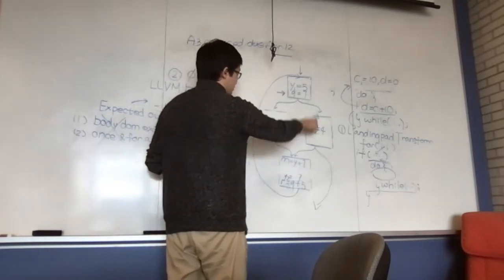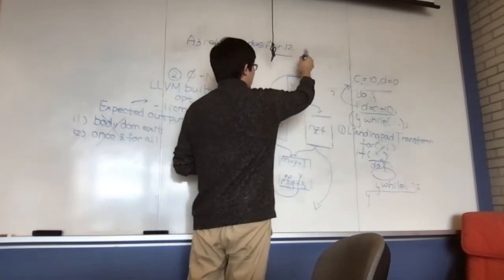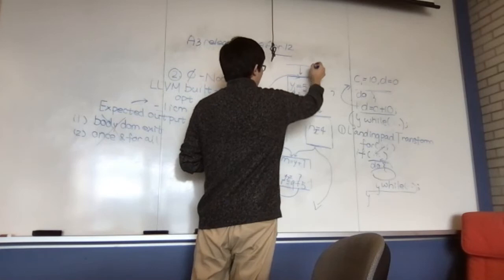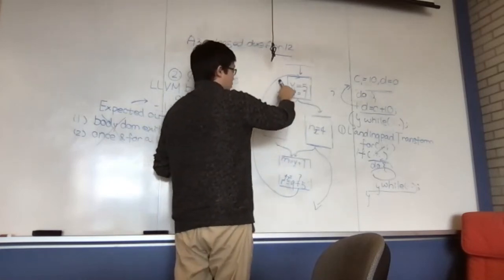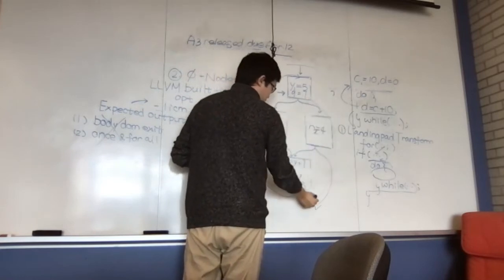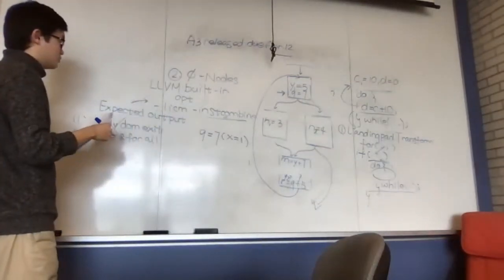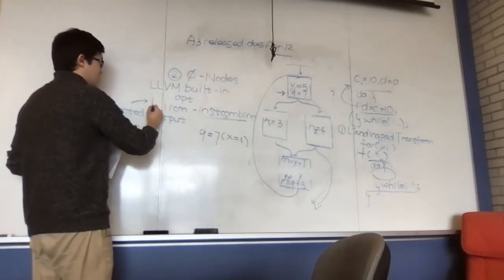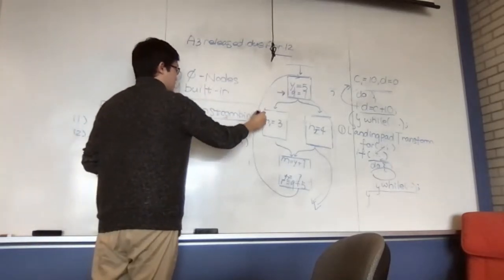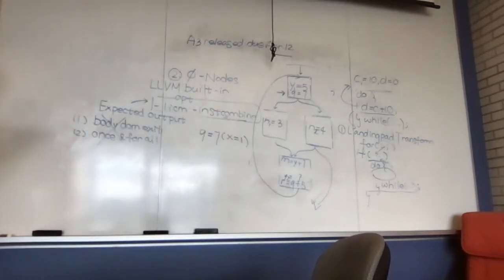How it optimizes this graph by moving all the loop invariant instructions to the pre-header here, while moving some of the loop invariant instructions to the loop exit. Check this out. Any questions here?